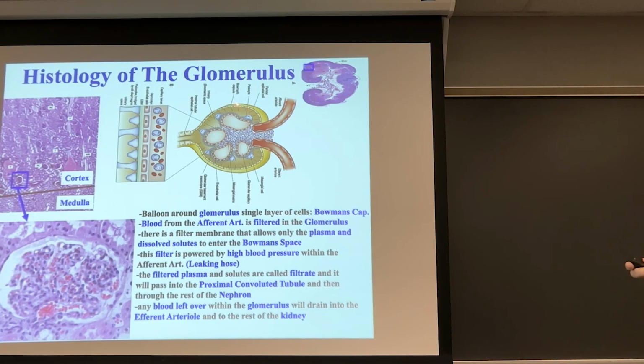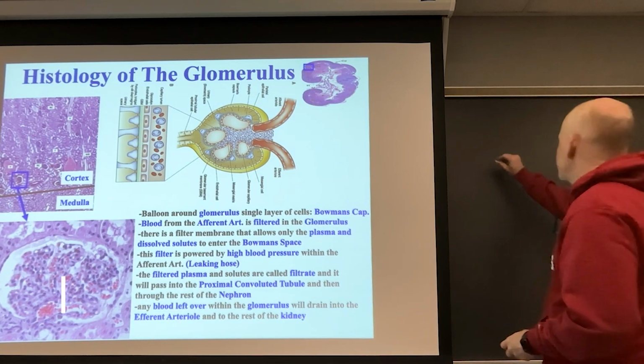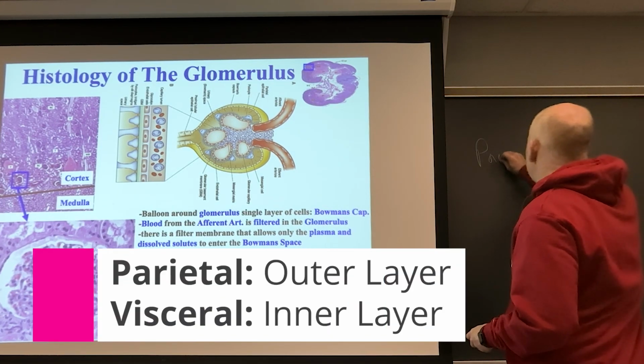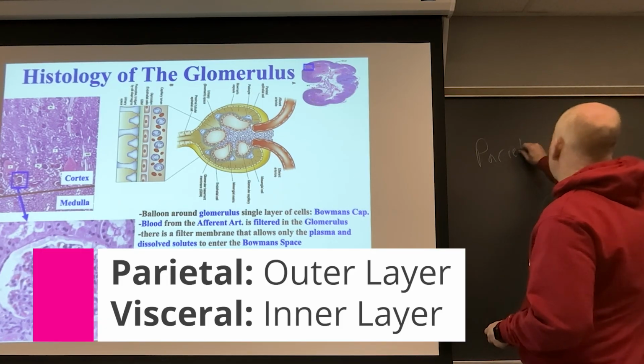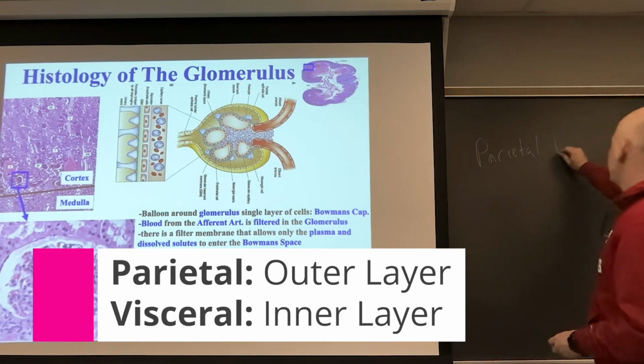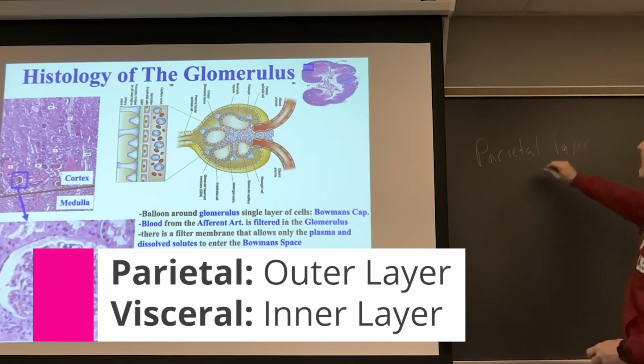The outer layer is a simple squamous epithelium that is called Bowman's capsule, or sometimes it's simply called the parietal layer of the renal corpuscle. So parietal meaning the outer layer. There's also an inner layer that's adhered to the surface of the capillaries, and you can see it there in purple.